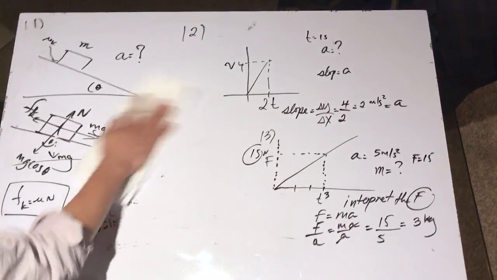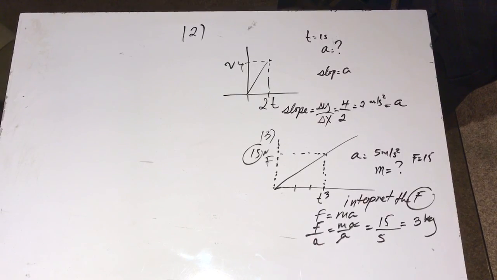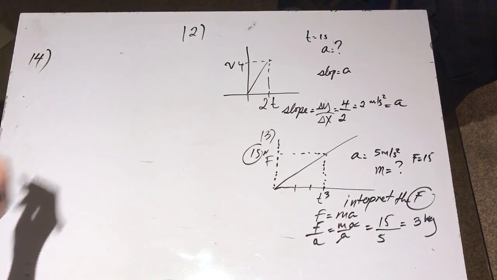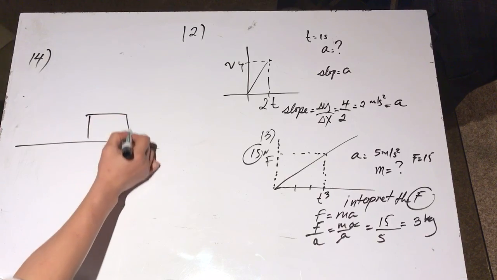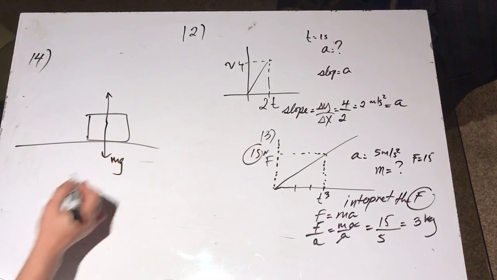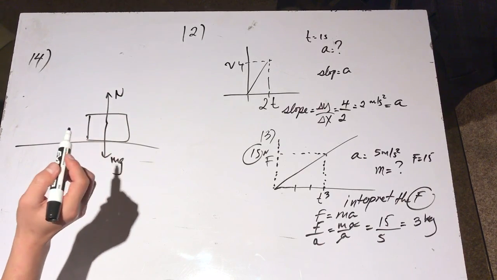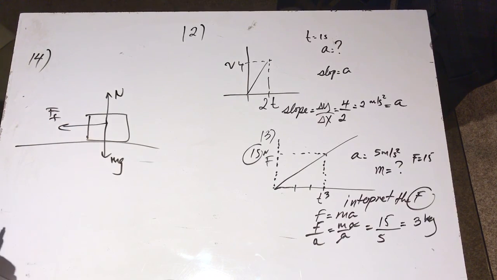Let's talk about the next question real fast. Question number 14 is a little bit tricky. It gives you the free body diagram. So you have an mg, a normal force, and a frictional force.